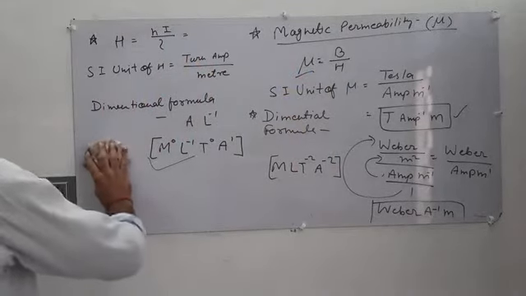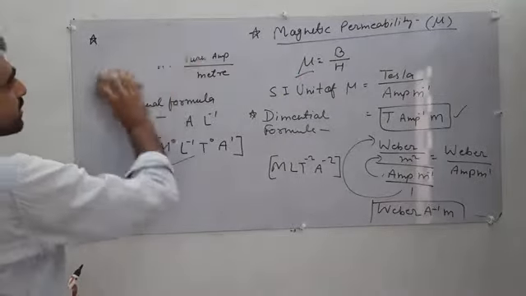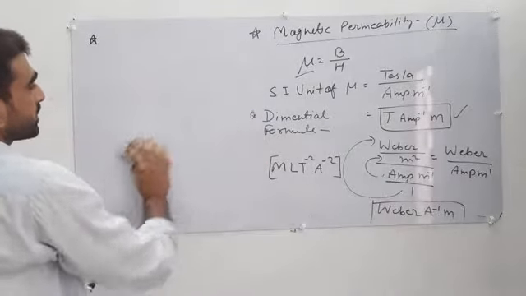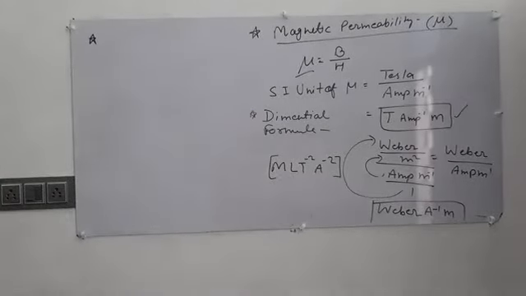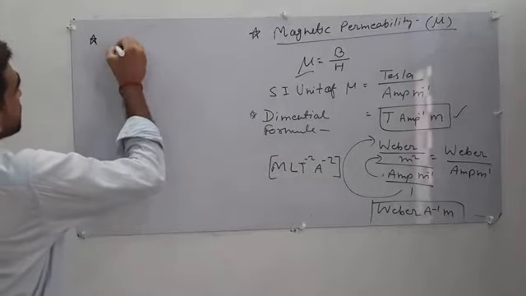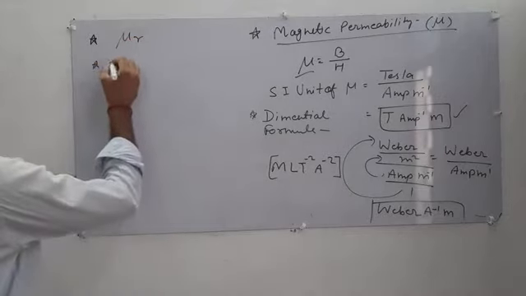Our next topic is relative permeability. You know that relative permeability is a dimensionless quantity, that means it is a scalar quantity. Relative permeability, denoted by mu r, is a dimensionless scalar quantity.